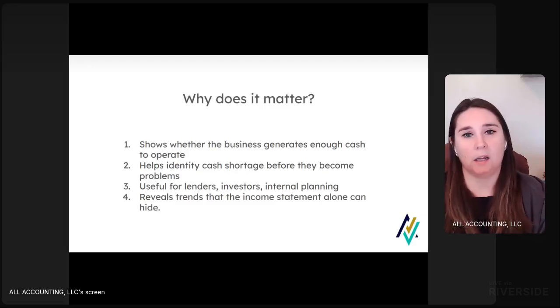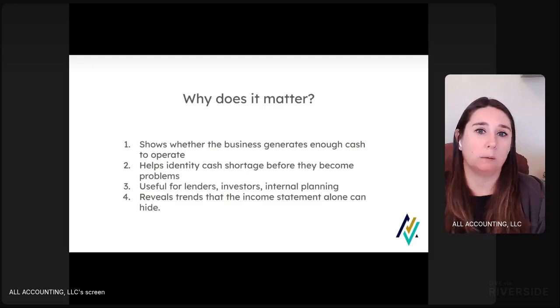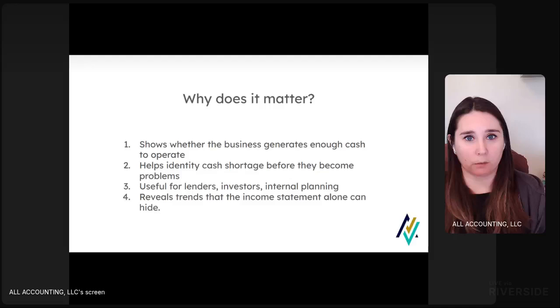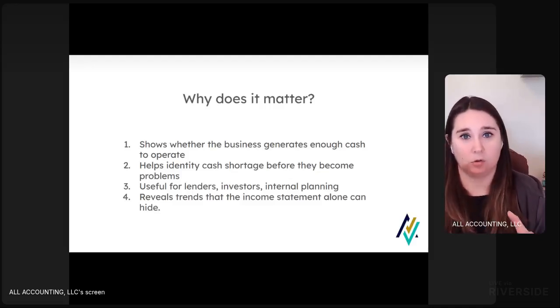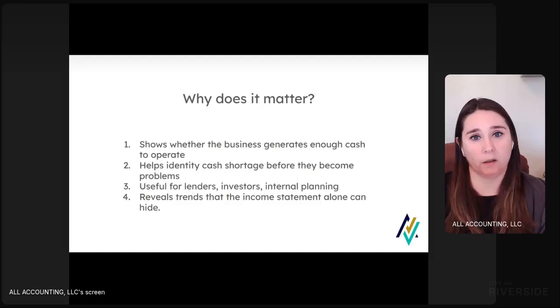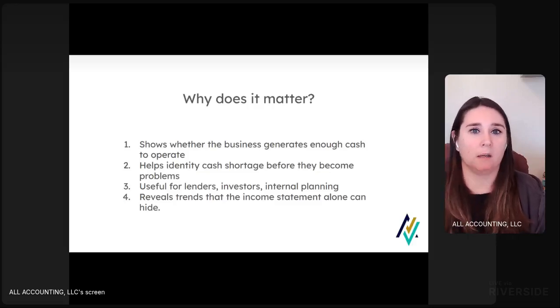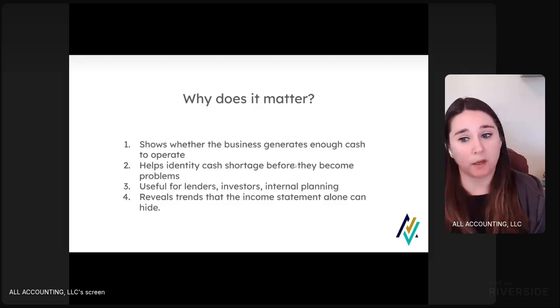If you end up having a negative in your operating activities, this really shows that you need to be bringing in money from other lenders or investors, saying, hey, we have a problem, we're going to work it out, because you want to get to a place of having a positive cash flow from your operating expenses. But while you're working those things out, you will need to source funds other than just your regular operations. It really helps to identify shortfalls before they become a problem.